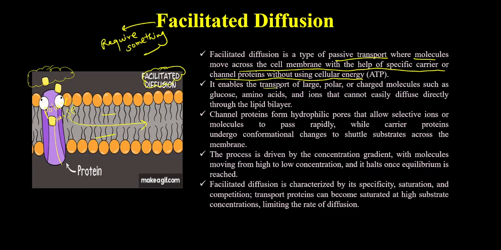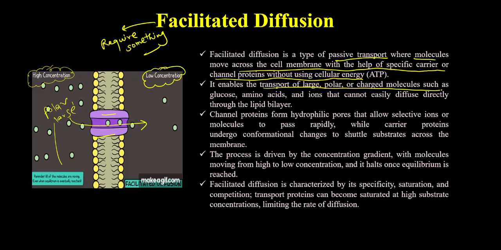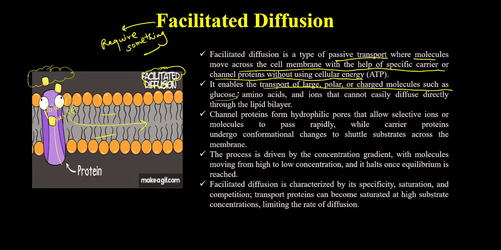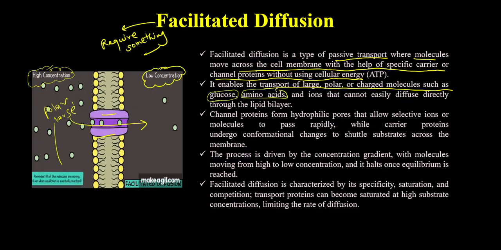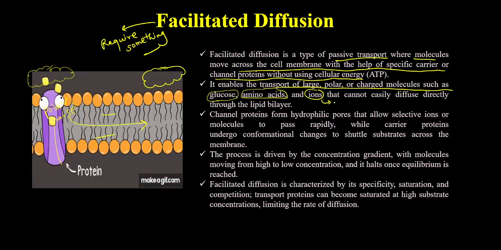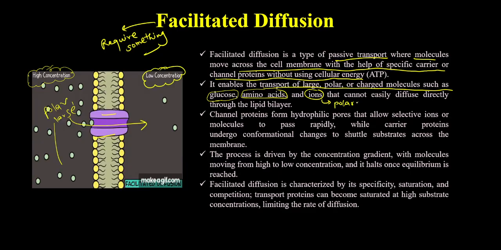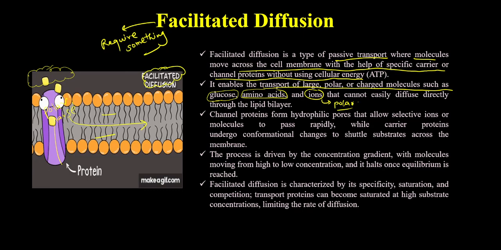It enables the transport of large polar molecules or charged molecules such as glucose, amino acids and ions, most probably polar molecules that cannot easily diffuse directly through the lipid bilayer.